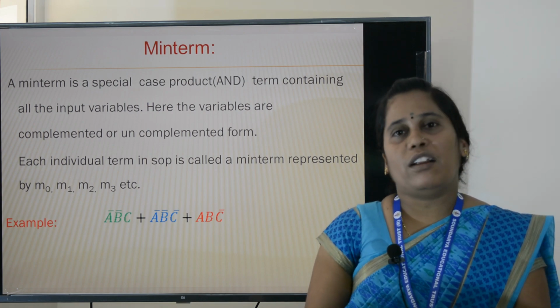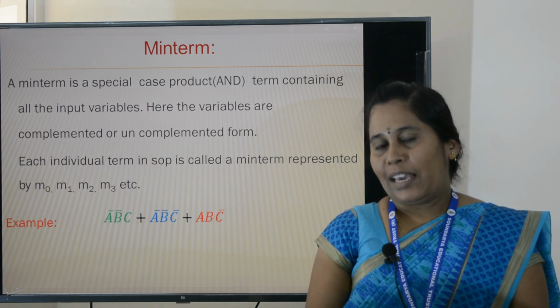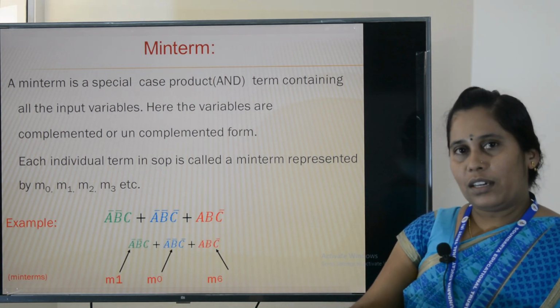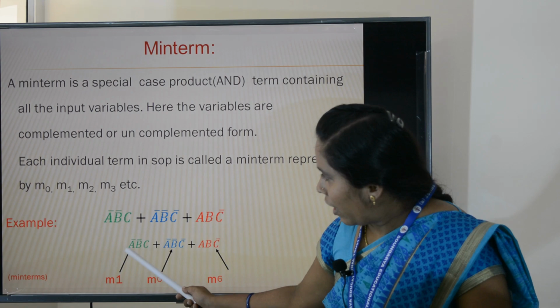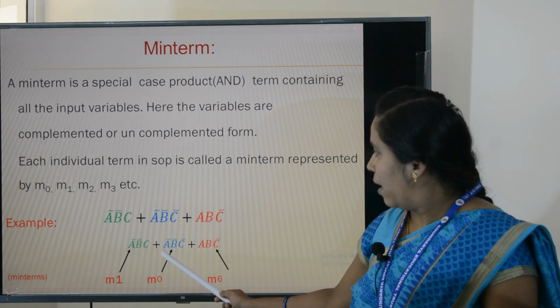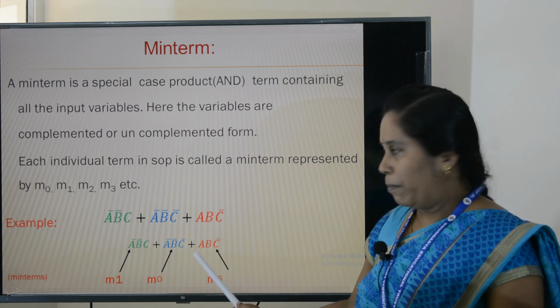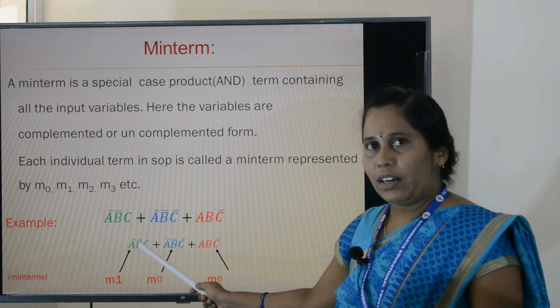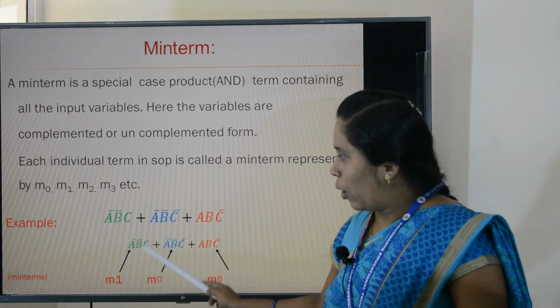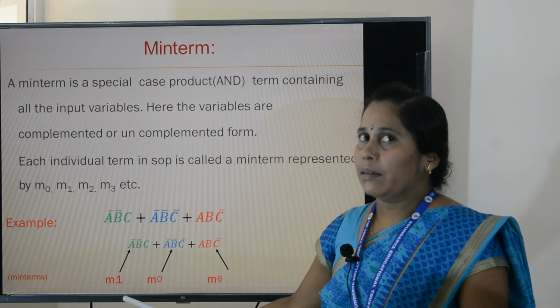In the canonical form, each product term is called a minterm. See the canonical expression here. The first term is A bar B bar C. The second term is A bar B bar C bar, and the third term is A B C bar. In this product term, all the variables must be present. Each product term is called a minterm.